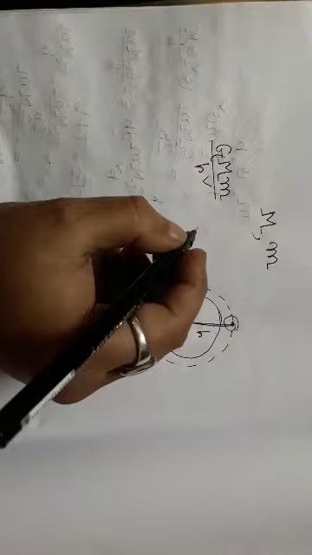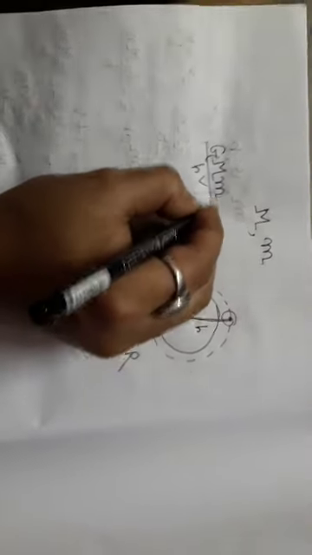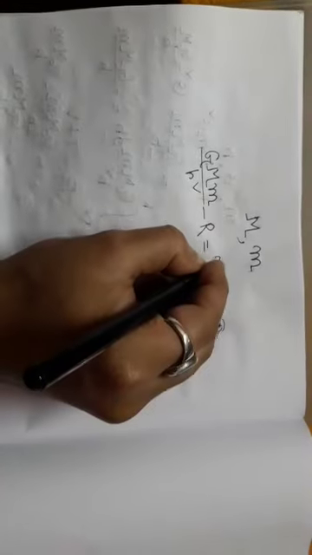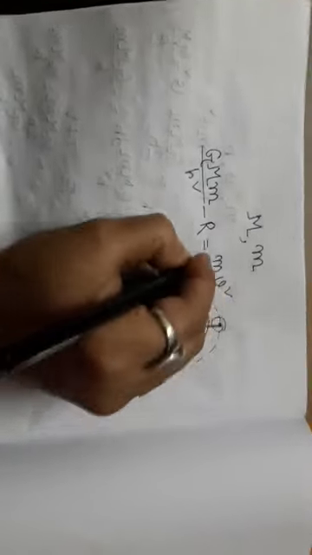Now what is the resultant force? The resultant force will be GMm by r square minus R. Now this resultant force will provide the necessary centripetal force to rotate the satellite around the orbit, which is nothing but m v square by r.